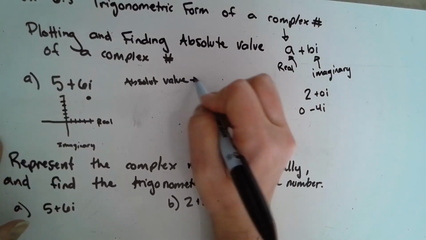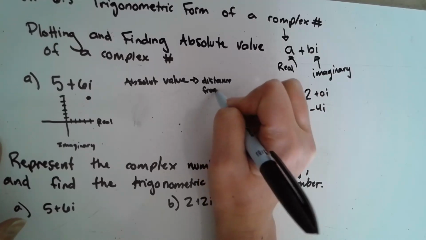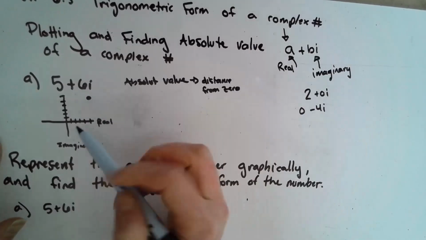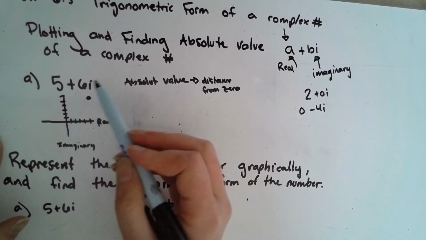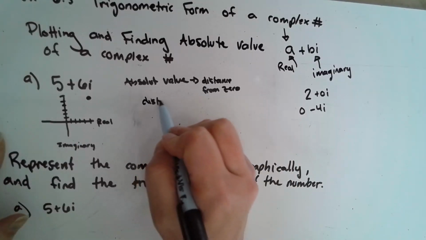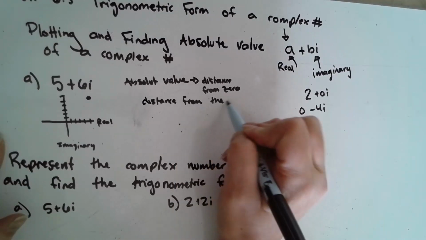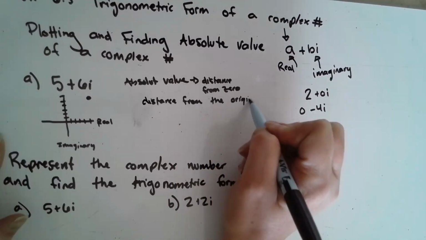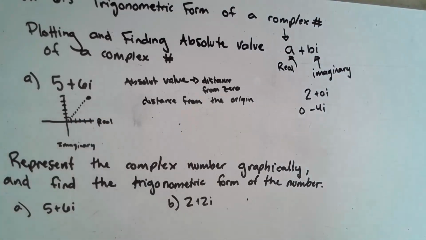But if we look at the definition, it's the distance from 0. On my plot, that is the distance from the origin. So we're looking for this distance.